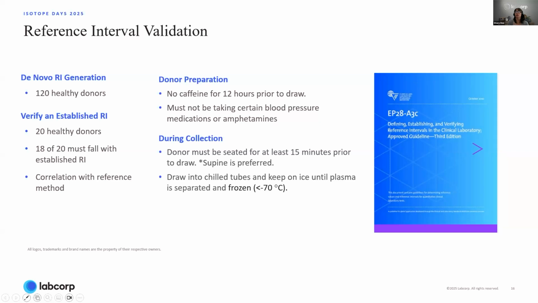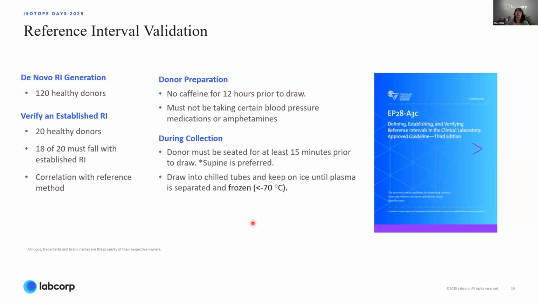And so we settled with the seated because the established reference interval listed seated and supine. So we were going to try to verify their reference interval and then apply the supine if that worked. The other complication was drawing into chilled tubes and keeping on ice until the plasma was separated and frozen.